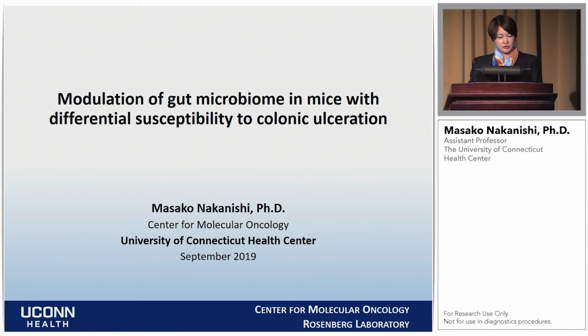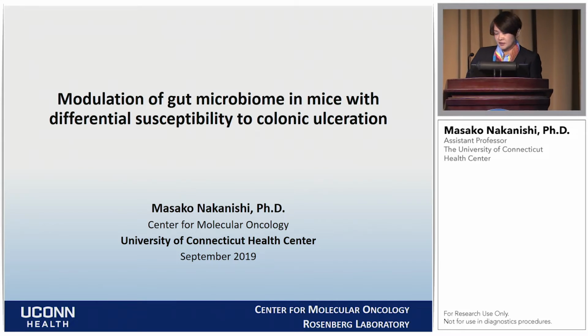Today I'm going to talk about the microbiome analysis we did on different strains of mice with different phenotypes. The main focus of our lab is cancer prevention, and we make a number of mouse models for different projects.